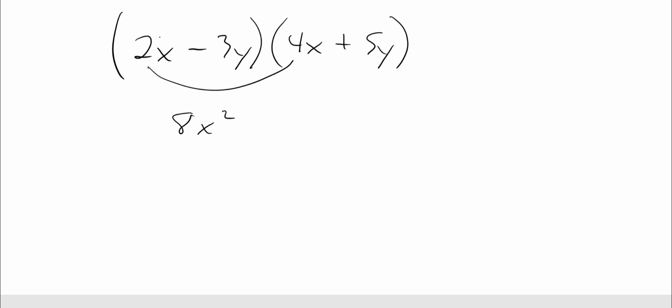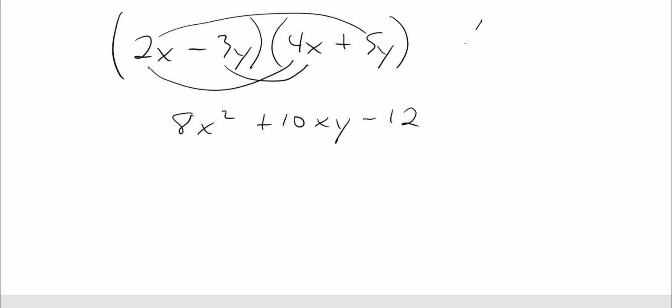Outer, so FOIL FO, outer gives me 2x times 5y is plus 10xy. Inner, negative 3y times 4x is negative 12. Now you want to put yx, but remember yx and xy are the same thing. It's multiplication. It's like saying 2 times 3 or 3 times 2. So keep it the same because then it's easier to recognize like terms. Okay, so you got an xy here, so we're going to say minus 12xy instead of yx. And then last is negative 3y times 5y is negative 15y squared.